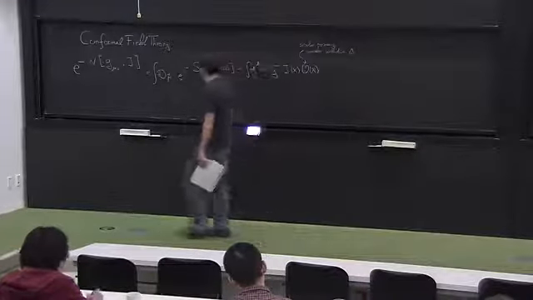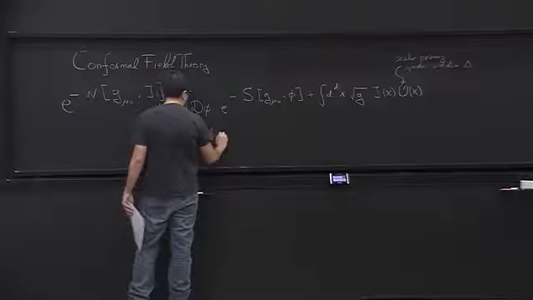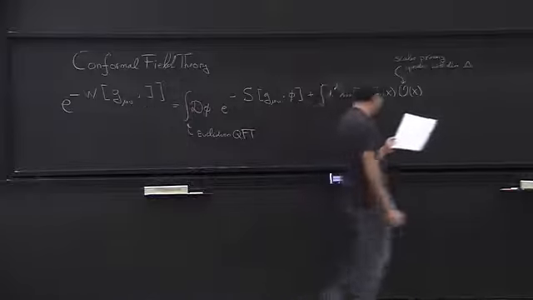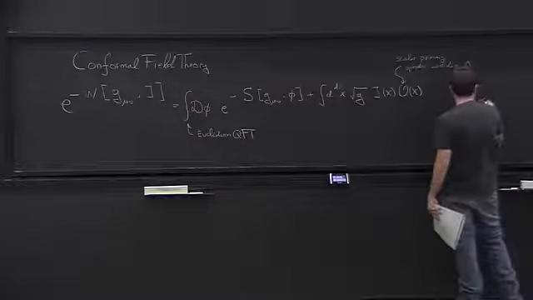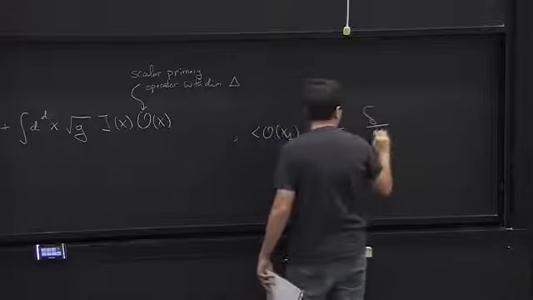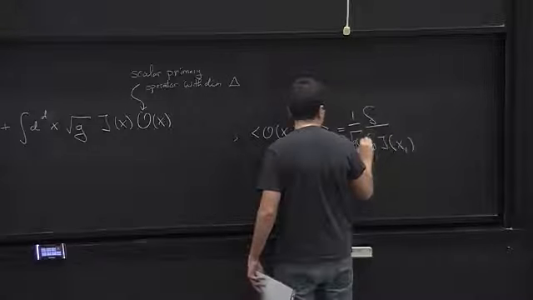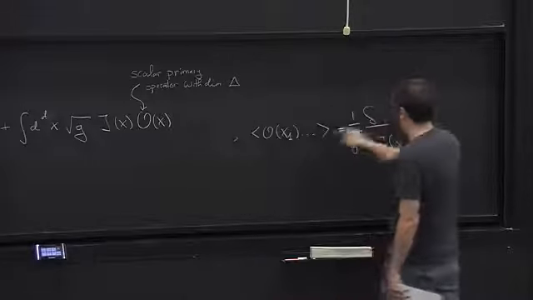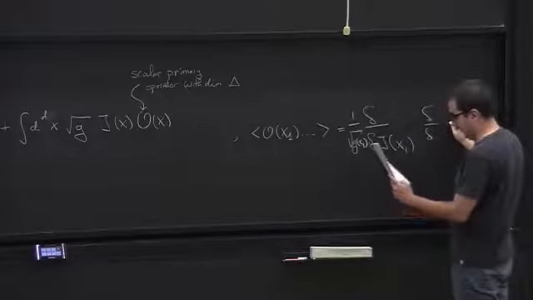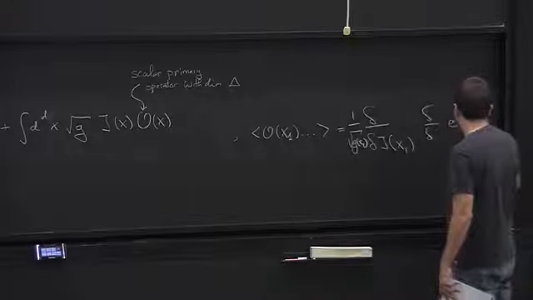So we start with some Euclidean quantum field theory. Of course, correlation functions of operators you extract by taking derivatives with respect to J at point x1, with 1 over the square root of the metric at point x1, and then a bunch of other derivatives if you have more fields, acting on e to the minus W, and then setting the currents to 0.